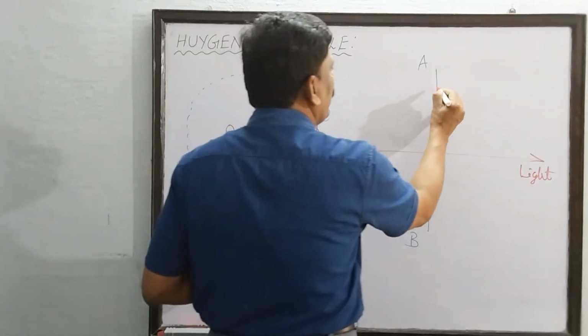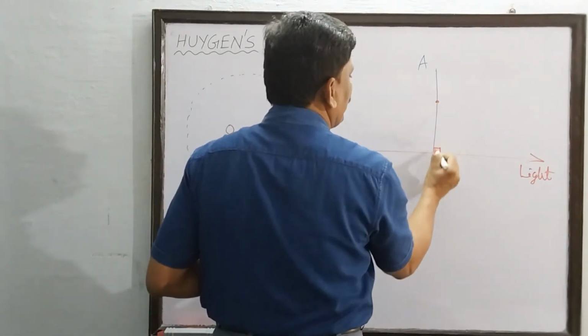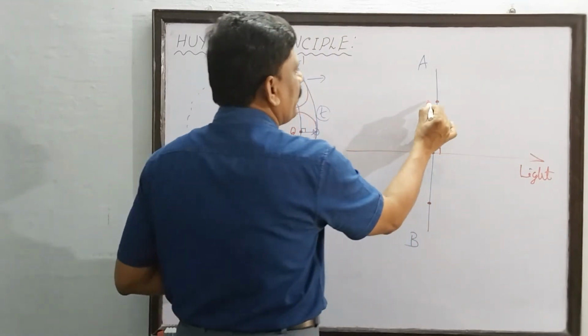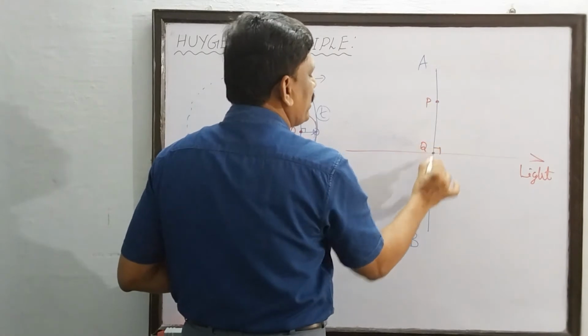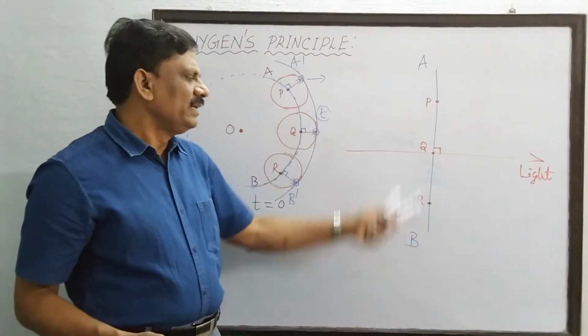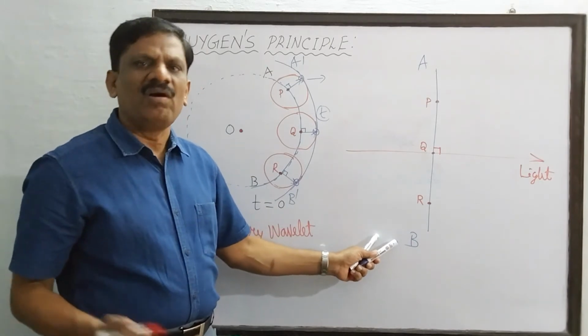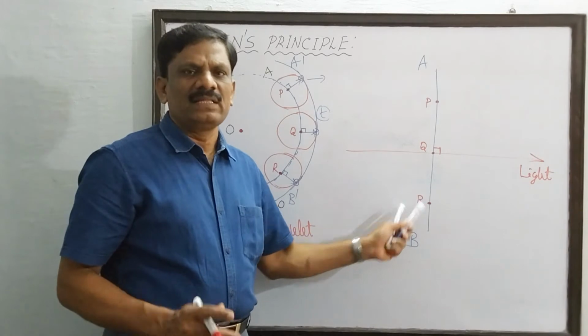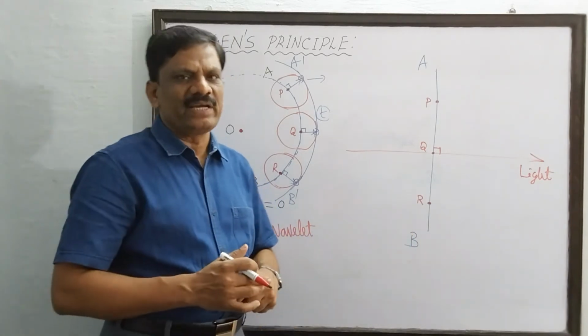As usual I am going to locate 3 points. One point is P, the other one is Q, and the third one is R. On the plane wavefront AB, P, Q and R are the 3 points which I have considered.